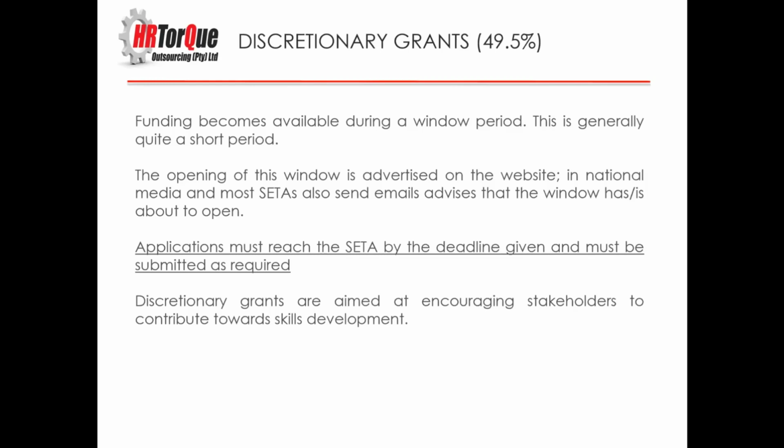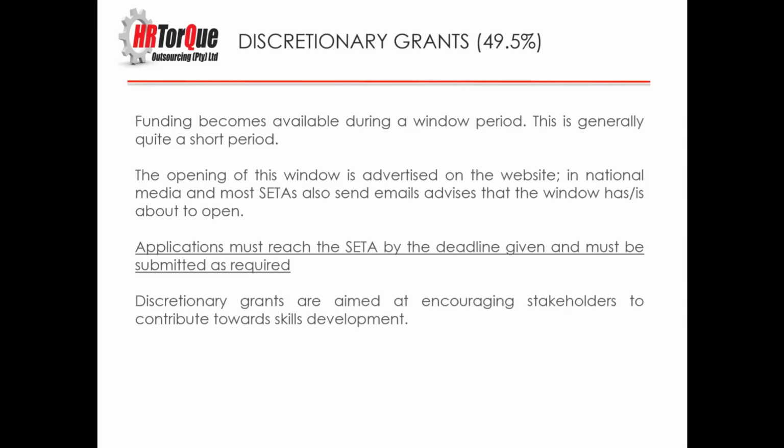But what they will do is funding will become available within the discretionary grants. The SETA is told that they have to spend X amount of money during a period of time. And so they will make funding available for a month, as an example.